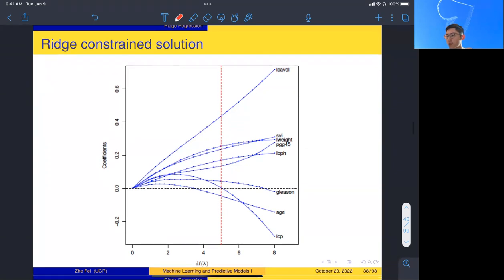The x-axis essentially corresponds to the degrees of freedom of your model, but in other words, towards the right corresponds to lambda equal to 0, and towards the left corresponds to larger lambda, as lambda increases.